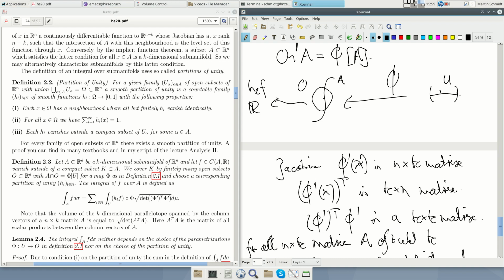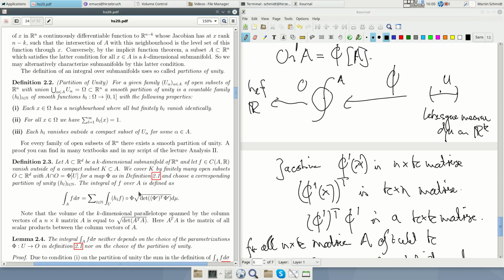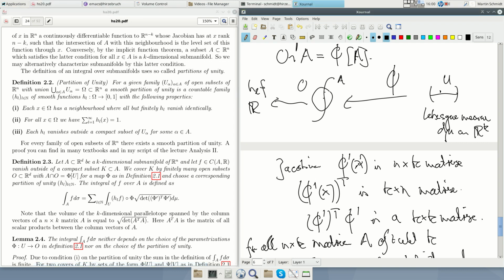We just use, of course, Lebesgue measure d mu on R^k. This we use to integrate here. And this factor, we will see in the next lemma, is the correct factor which comes from the map phi.